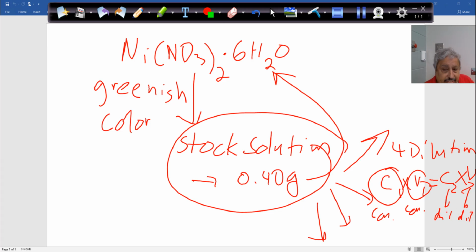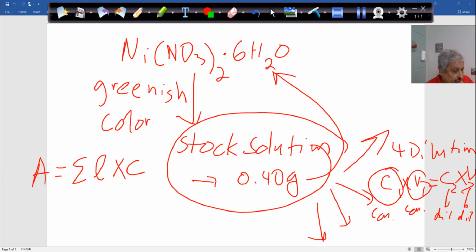After doing all this, we'll take each one of those test tubes, or solutions, fill the cuvette, and run it to record the absorbance. We know the concentration of each, so we need the absorbance. Remember, we are looking at A equals epsilon L multiplied by C.